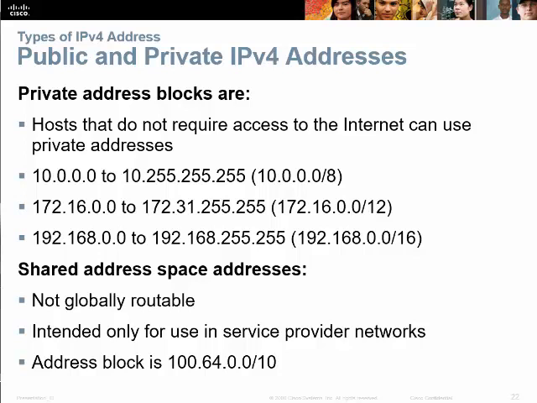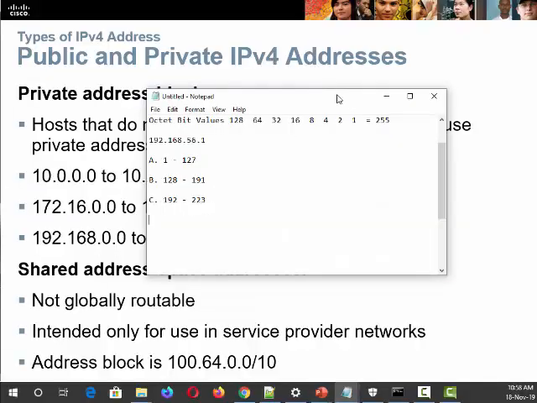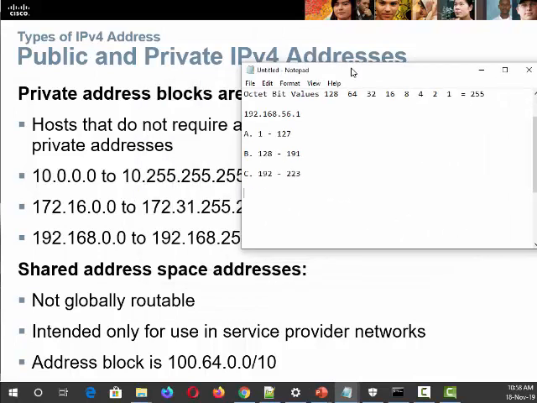So now in class A, what do we have? We have IP addresses that look like this: 10.0.0.0 to 10.255.255.255. That is the beginning of 10 and the end of 10.